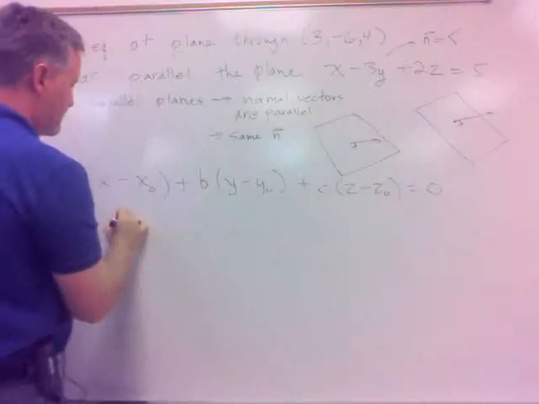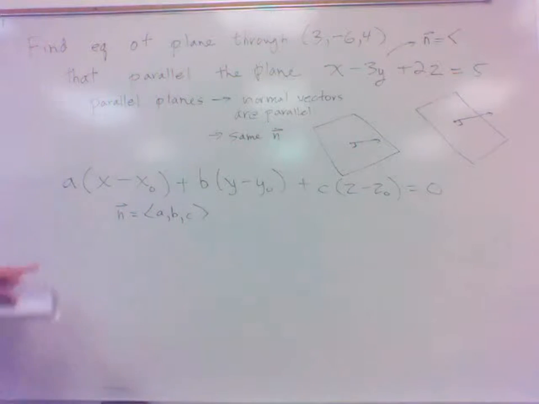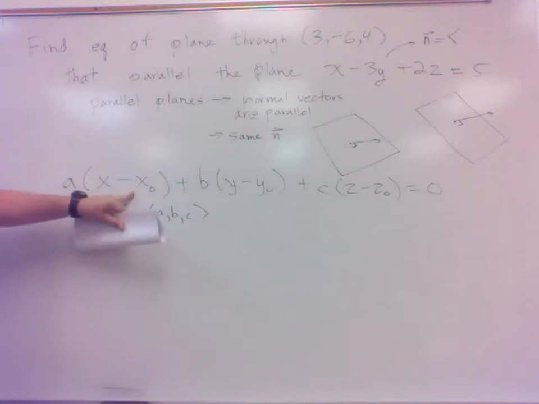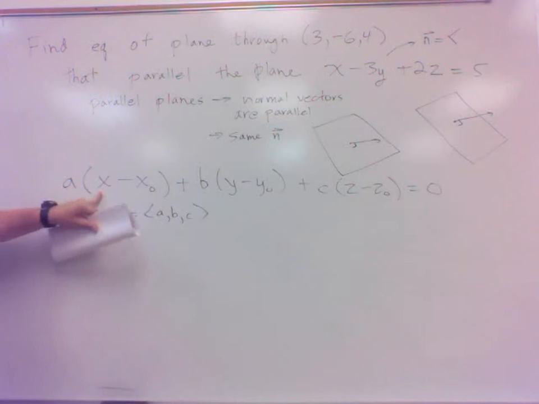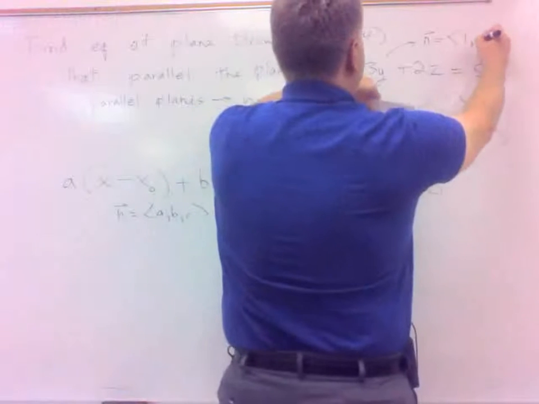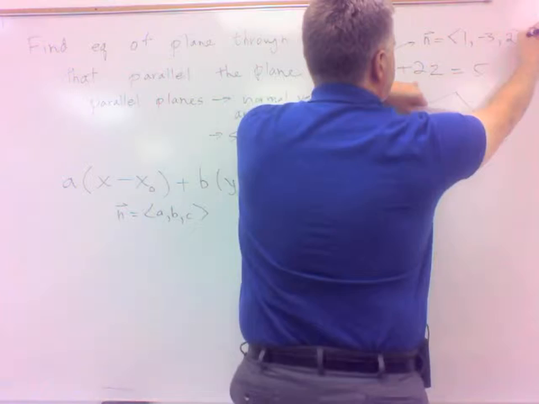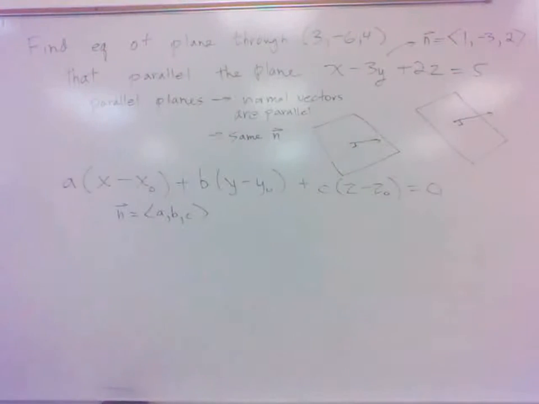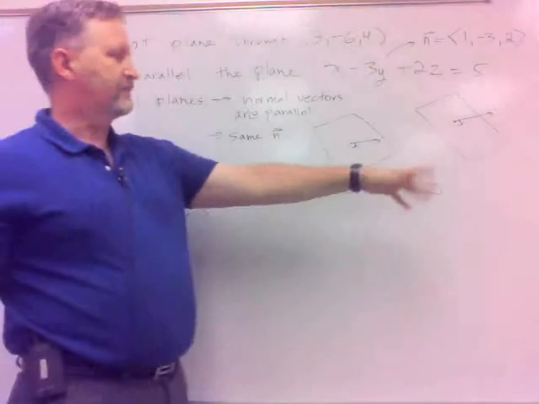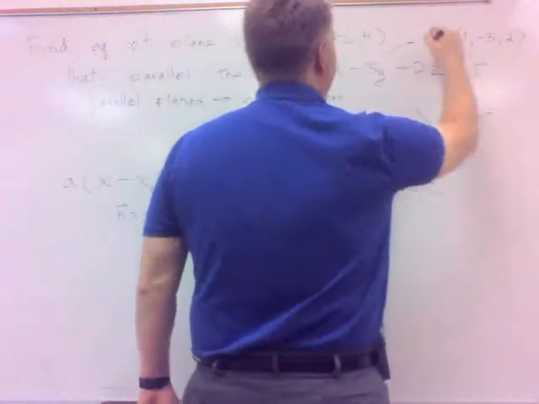Because our normal vector here is ABC. Well, if you distribute the A, it's Ax, so the A is what's times the x. It's 1. Then the B would be -3, and then C would be, what's times z? We don't know what x naught, y naught, z naught would be, but we could figure out a point for that, but we just need the normal vector of that. So this is the normal vector of this one, so that's also the normal vector of the plane we want to make.